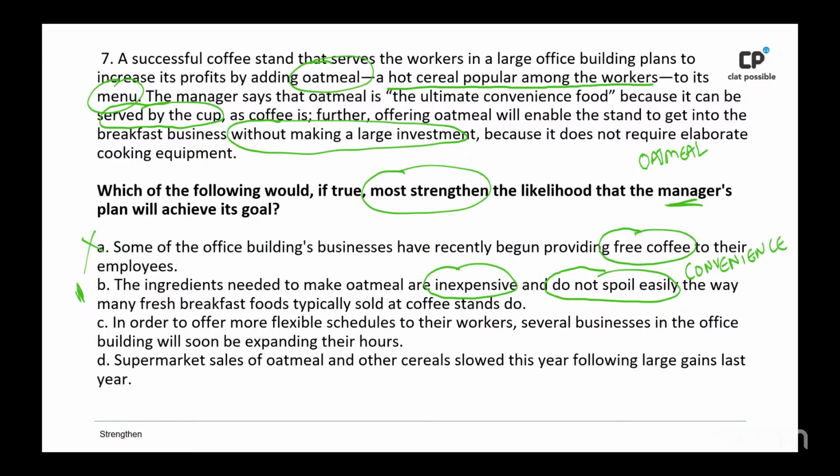C says in order to offer more flexible schedules to their workers, several businesses in the office building will soon be expanding their hours. Expanding their hours and flexible schedules.